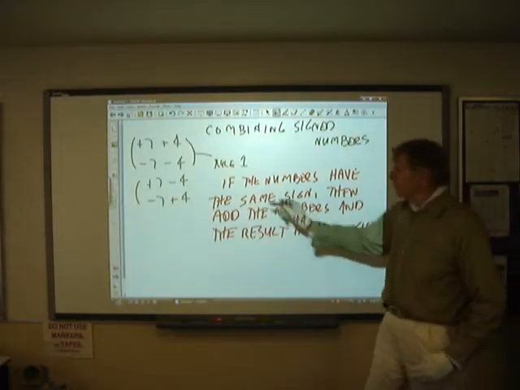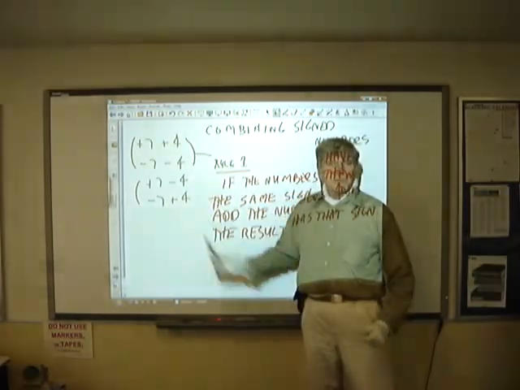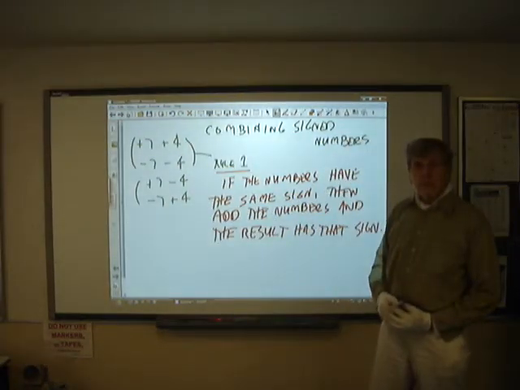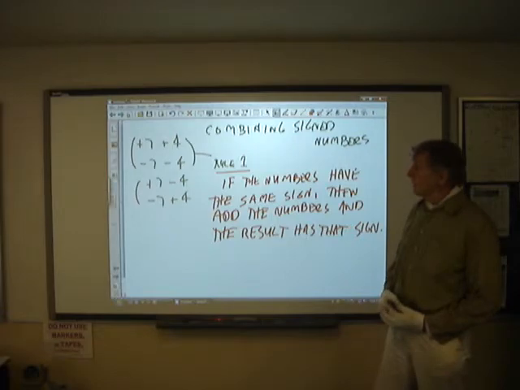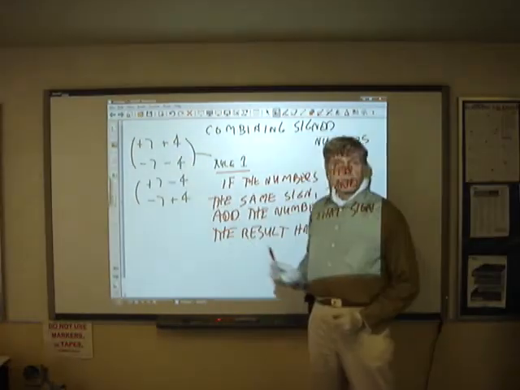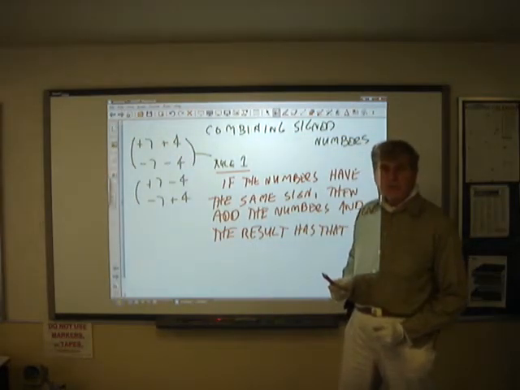So Rule 1, if the two numbers have the same sign, whether it be positive or negative, then the rule is that you add the numbers and the answer has that sign.